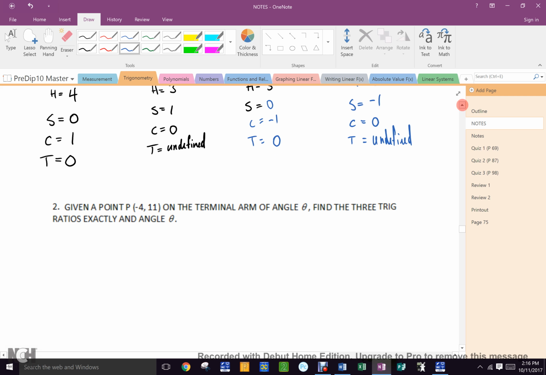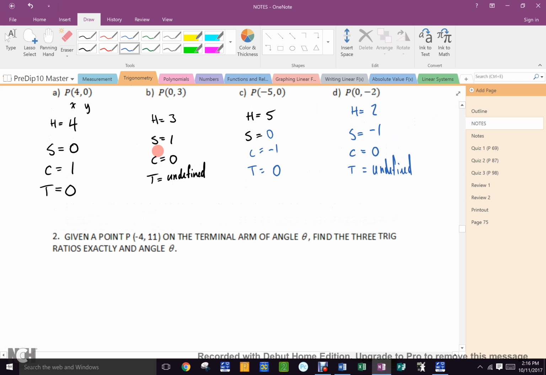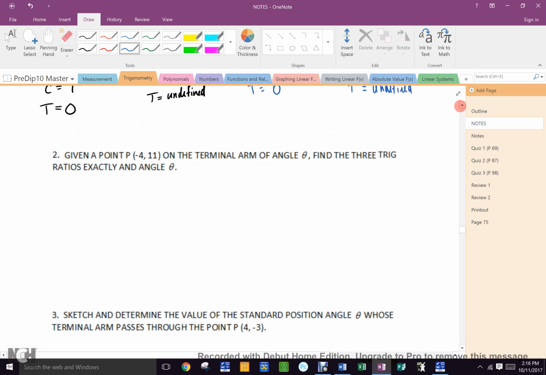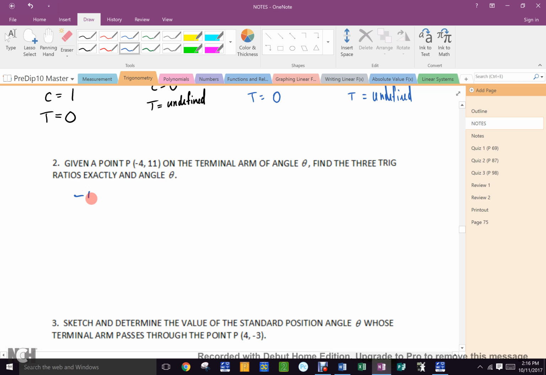Now, knowing what you know from here should allow you to solve this, yes? You have -4 and 11. What are -4 and 11? They are coordinates, which means they are what? An x and a y, yes?